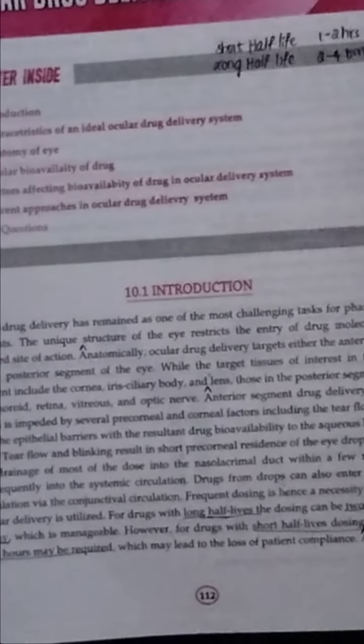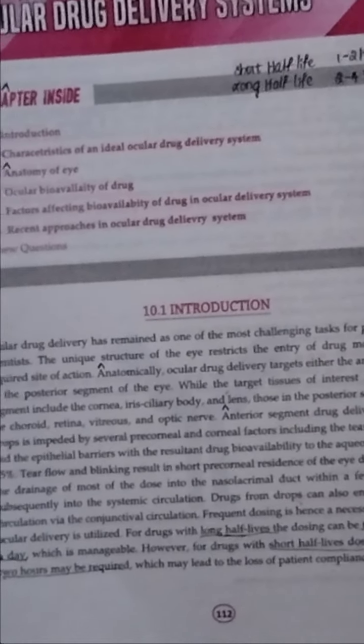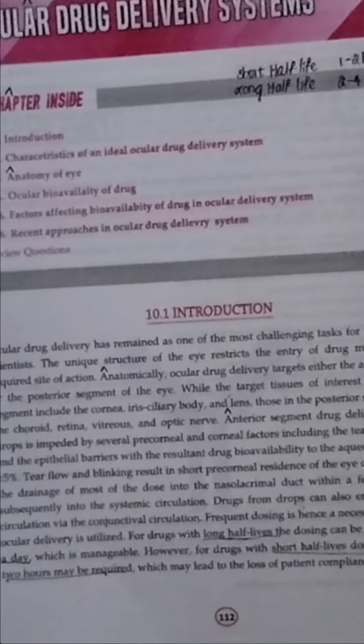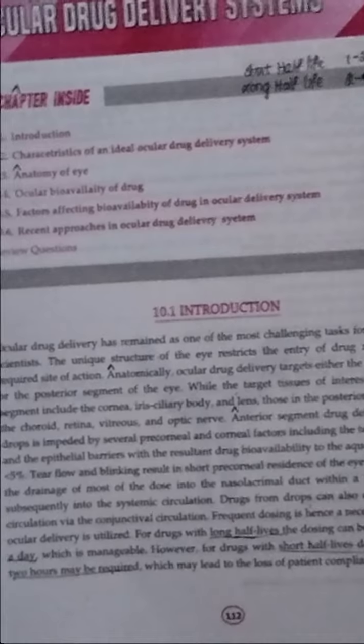The eye contains the cornea, lens, iris and ciliary body, which are the main parts, and also supporting tissues called the choroid, aqueous outflow system and lacrimal apparatus.